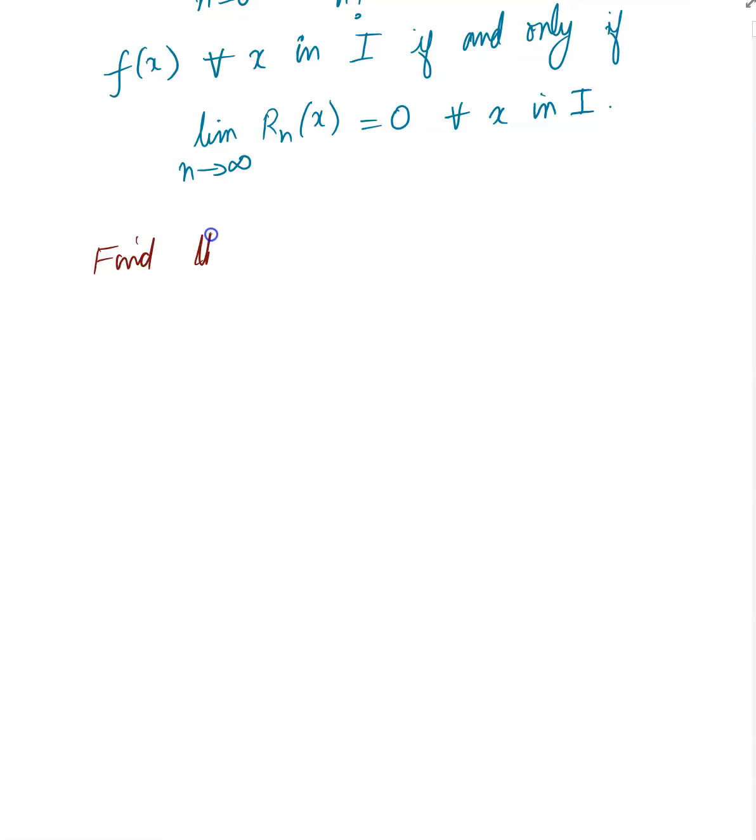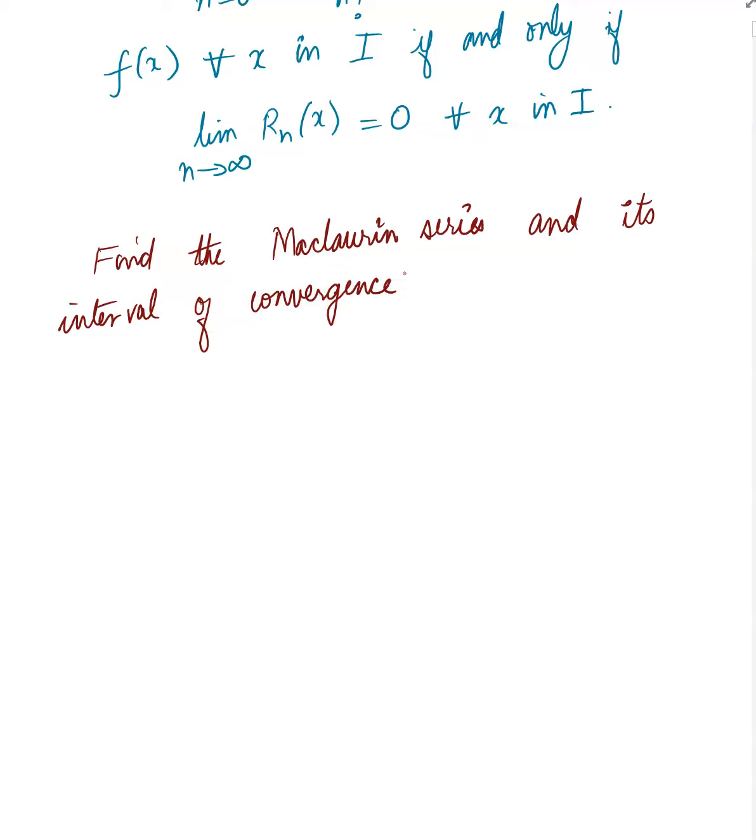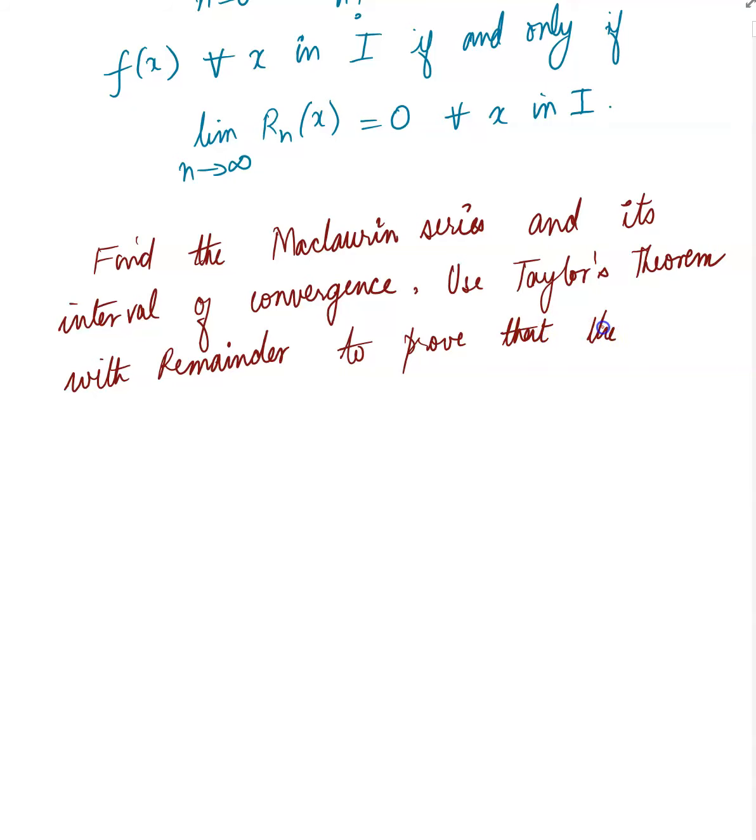Find the Maclaurin series and its interval of convergence, use Taylor's theorem with remainder to prove that the Maclaurin series for f converges to f on that interval.